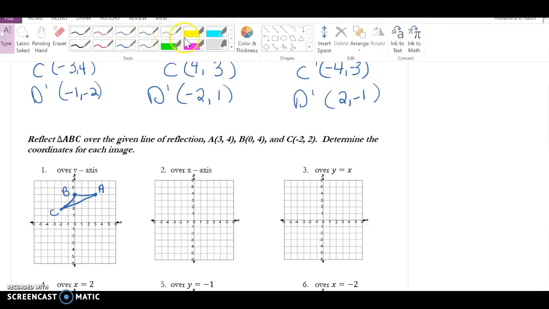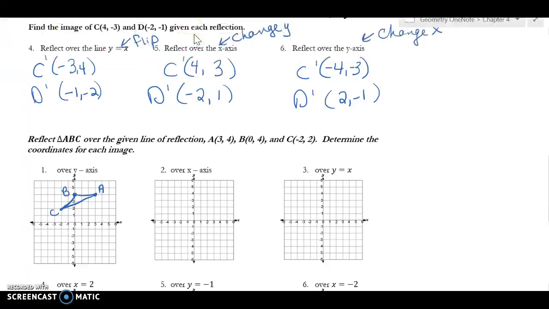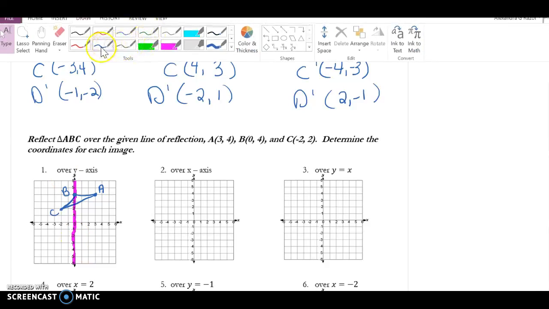Now, reflecting over the y-axis. Reflecting over the y-axis is this axis right here. And so sometimes you have to draw them in addition to actually writing what they are.